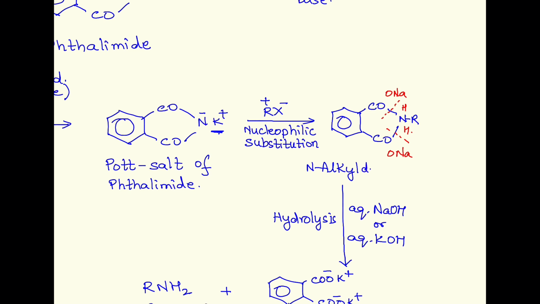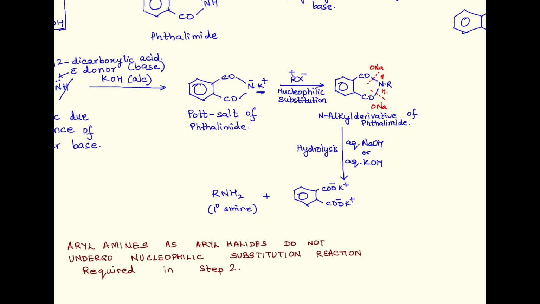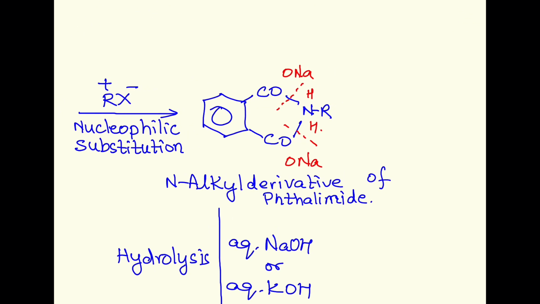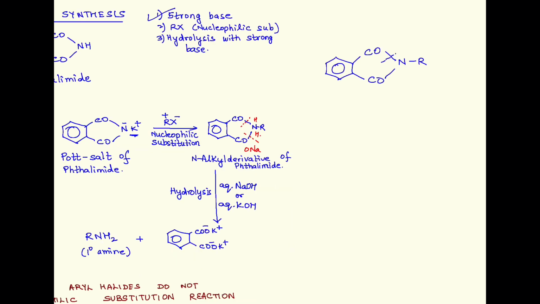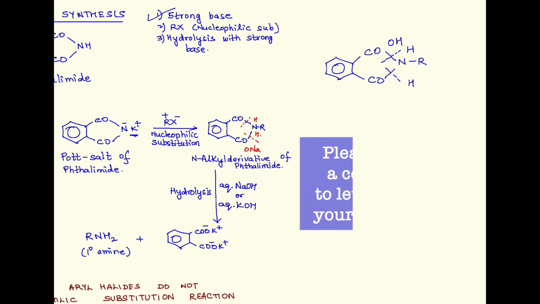Whatever alkyl group it is, an ethyl or propyl, whatever alkyl group is there. So, third step, now I need to break this bond, and this is done by the method of hydrolysis. To make things simple, hydrolysis means there's water. So, this is how it breaks, H and OH.